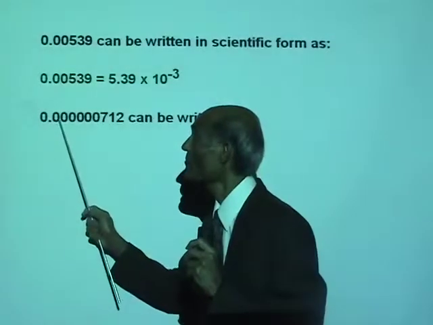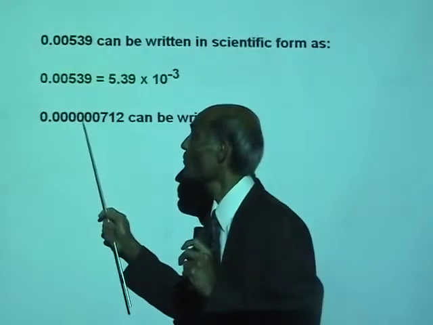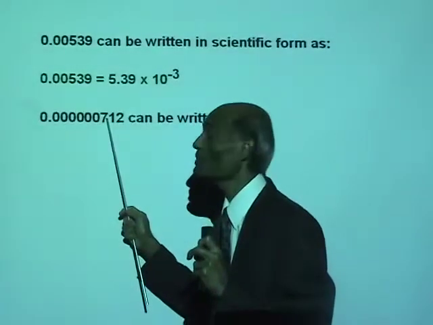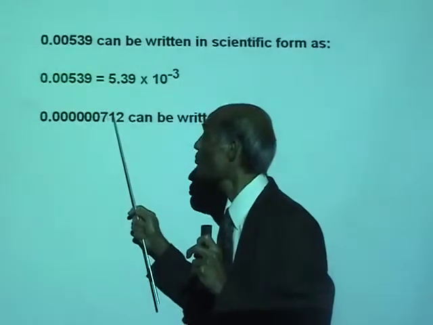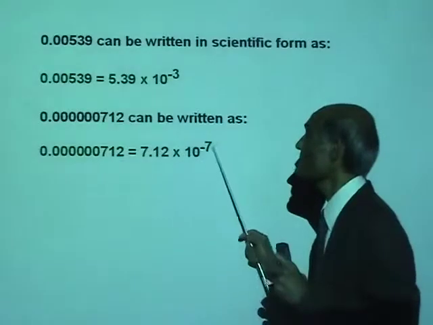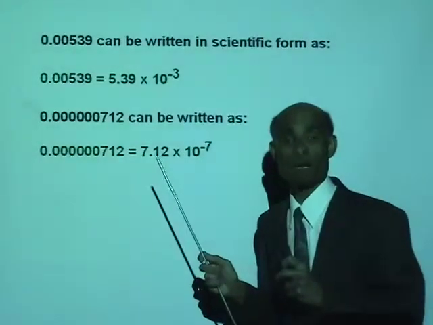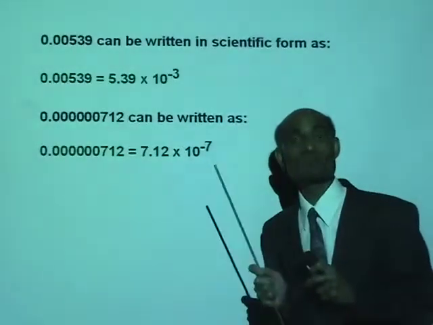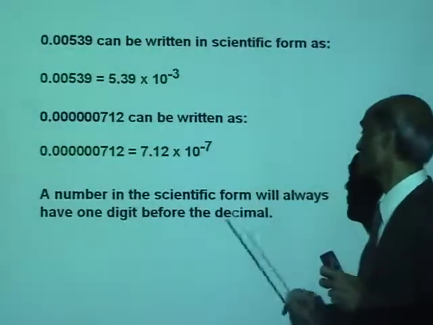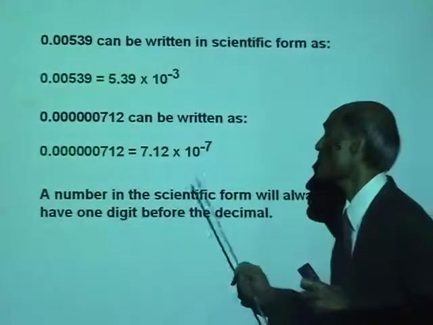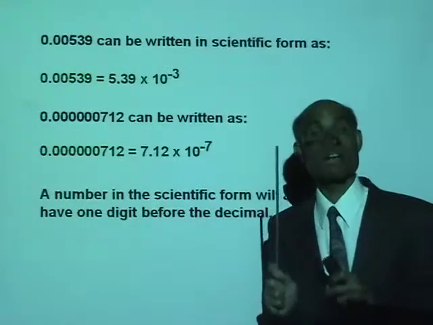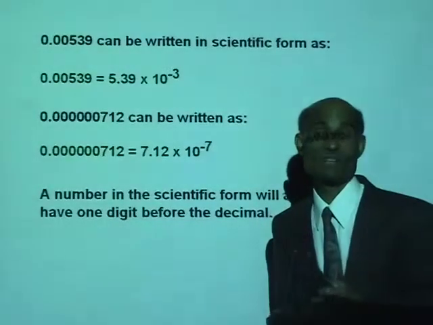Look at this. 1, 2, 3, 4, 5, 6, 7. So that number will be 7.12 multiplied by 10 to the power of -7. I think that's easy now to write numbers in the scientific form. A number in the scientific form will always have 1 digit before the decimal. That is the characteristic of a number in scientific form.